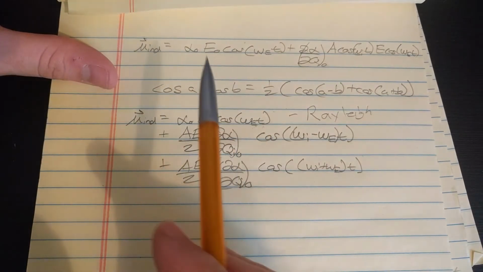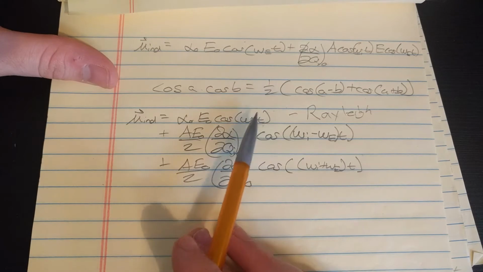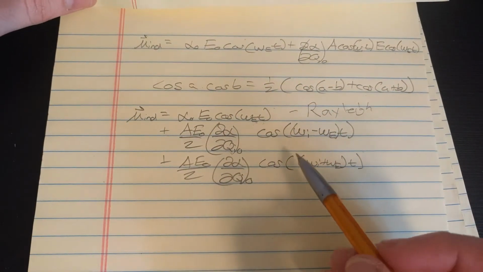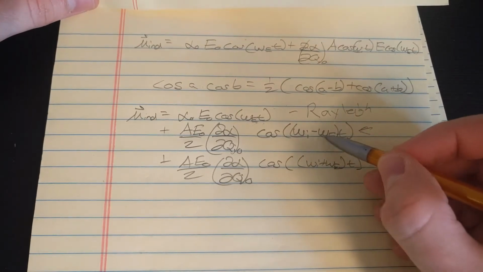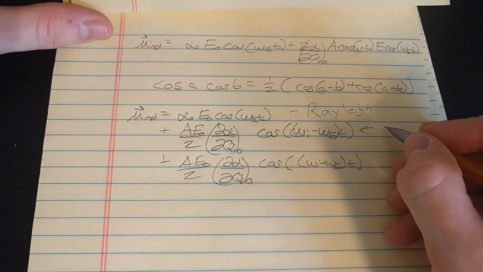So if light at 500 nanometers comes in and Rayleigh scatters off the molecule, then you're getting light with 500 nanometers coming out. Now in this term, you can see there's a decrease in energy because the frequency is going to decrease.